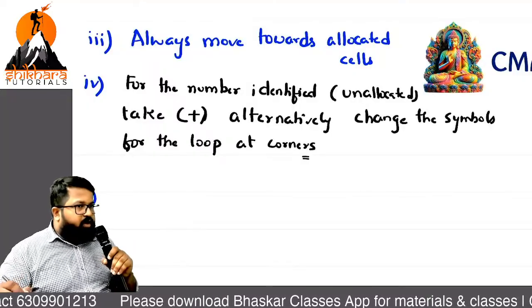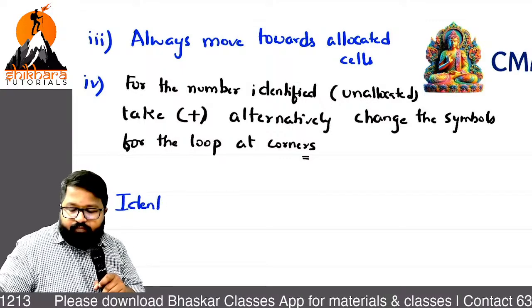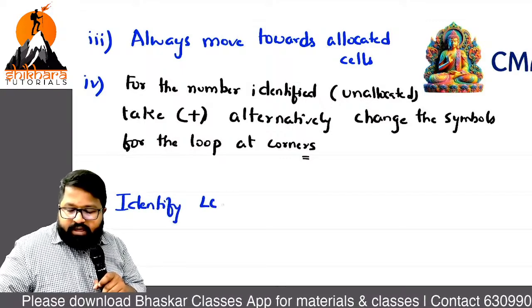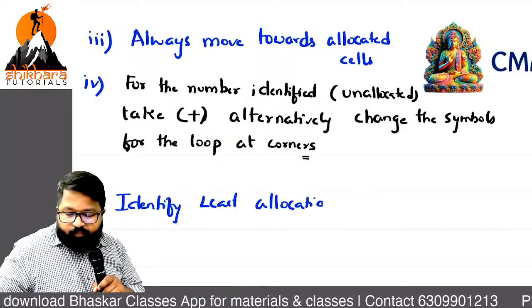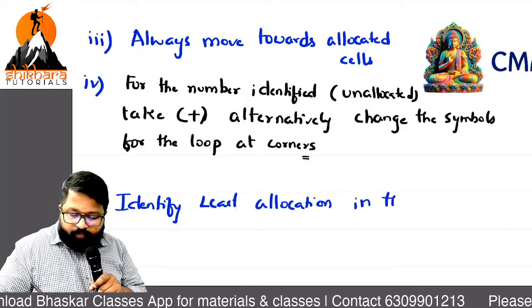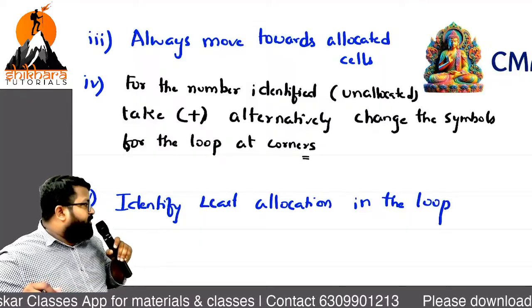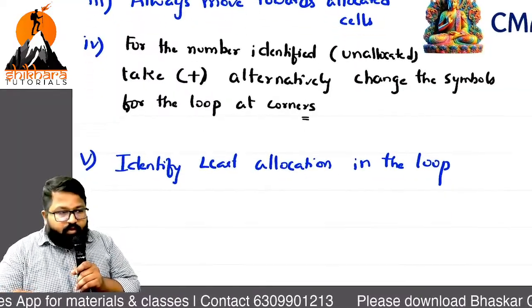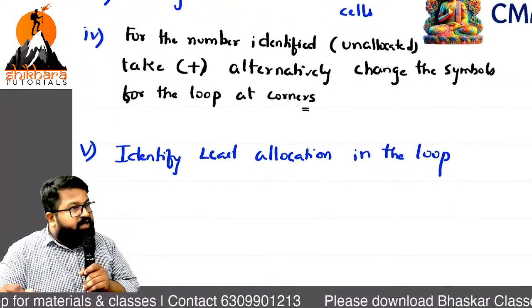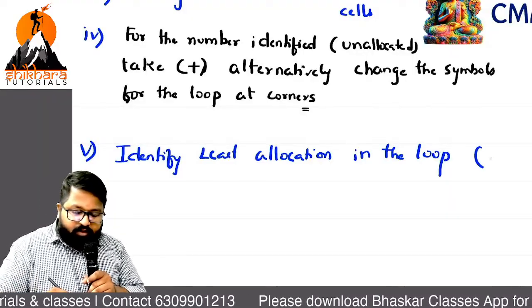And next, the fifth step. In the loop, identify the least allocation. Identify the least allocation in the loop. What is the least allocation in the case of our loop? That is 20.